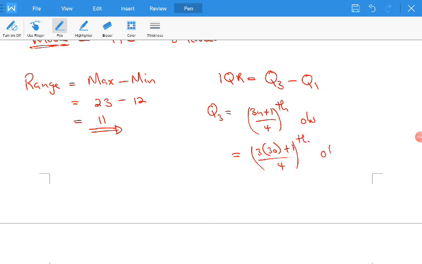If we round off, this is our 23rd observation.